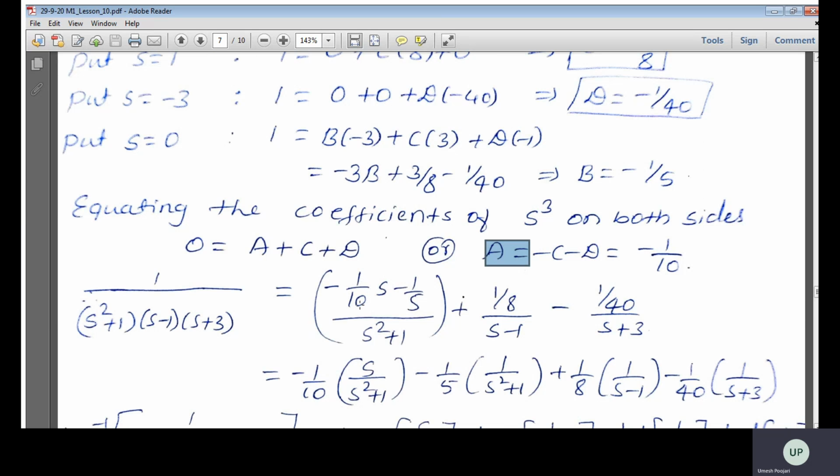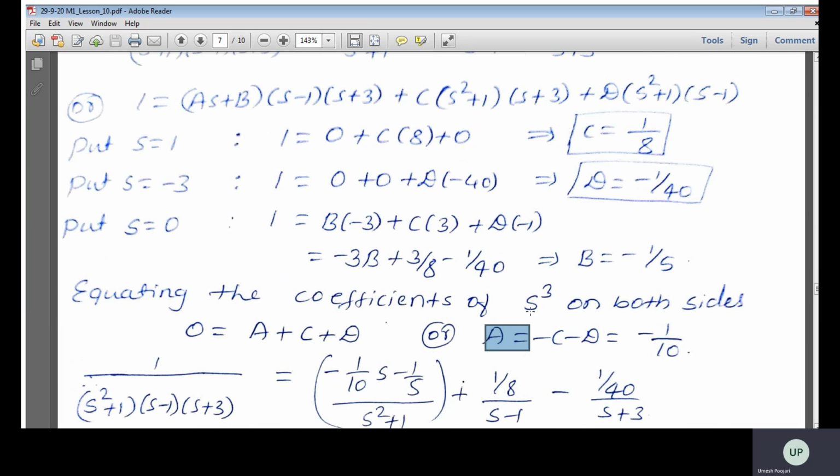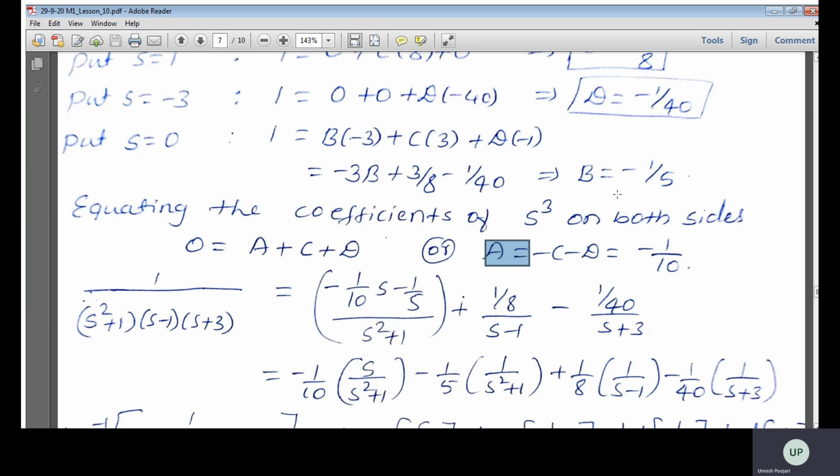Minus 1 by 10 into s minus 1 by 5 divided by s square plus 1. That is the first one, As plus B, plus C by s minus 1 is 1 by 8 divided by s minus 1, plus D by s plus 3 is minus 1 by 40 divided by s plus 3.